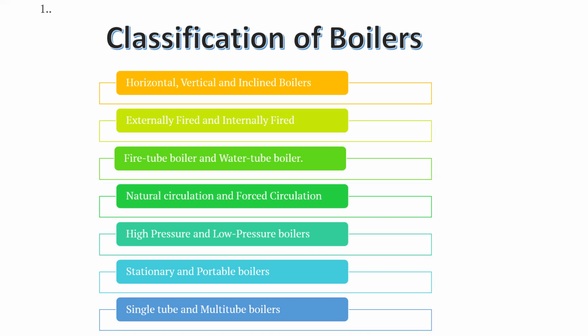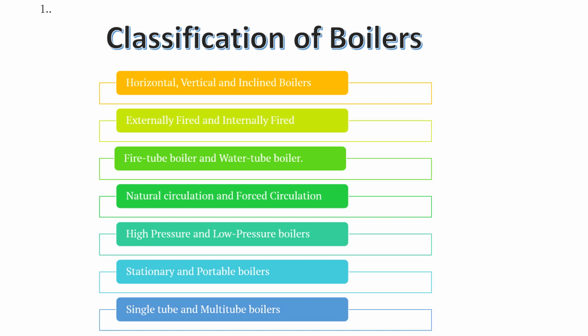You know that. If the axis of the cylindrical shape is horizontal, right? So the axis of the boiler is horizontal, you call it a horizontal boiler. If the axis of the boiler is vertical, or the cylinder is placed vertically, you call it a vertical boiler. Or if the axis is inclined, you call it an inclined boiler.